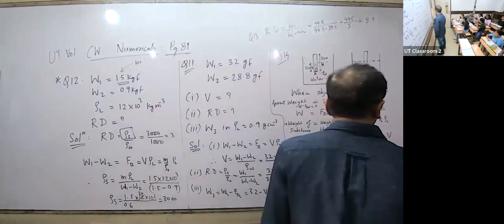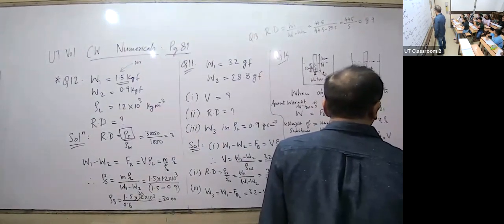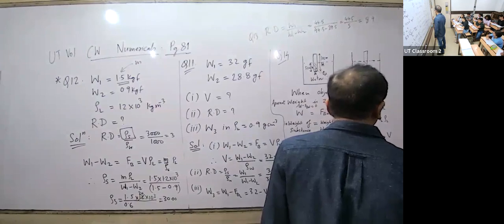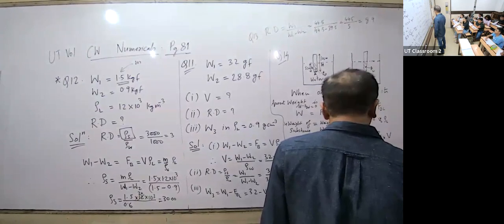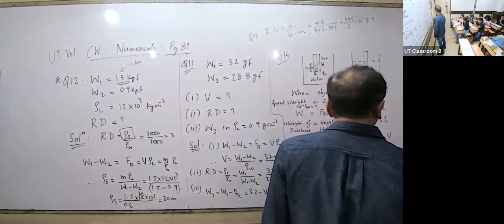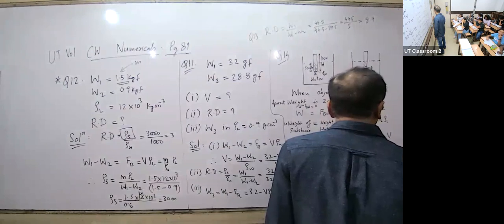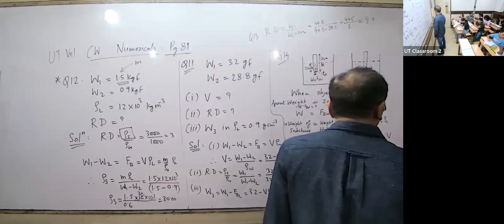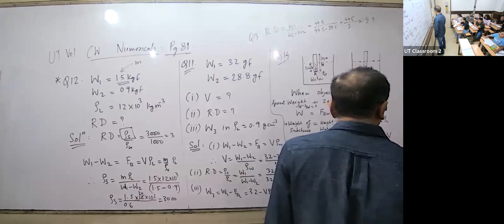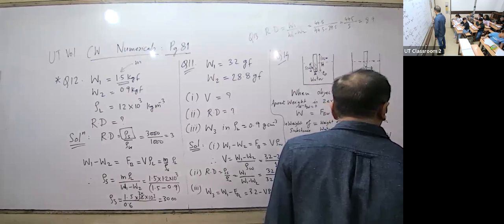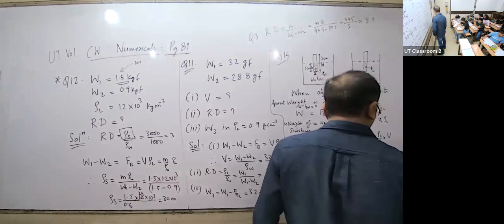So what is it? This is 5 by 10. So 1 by 2 into 1 upon 1.25. Have you understood this? Into V. So VL is this many times. So how much is this? 1 by 2.5. This is 10 by 25. Right?